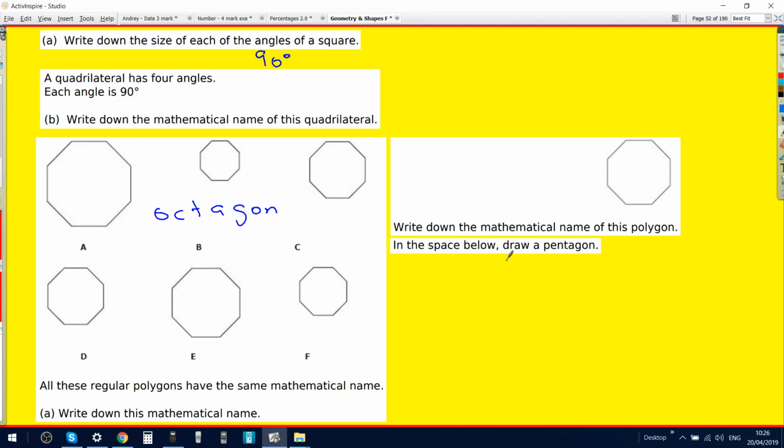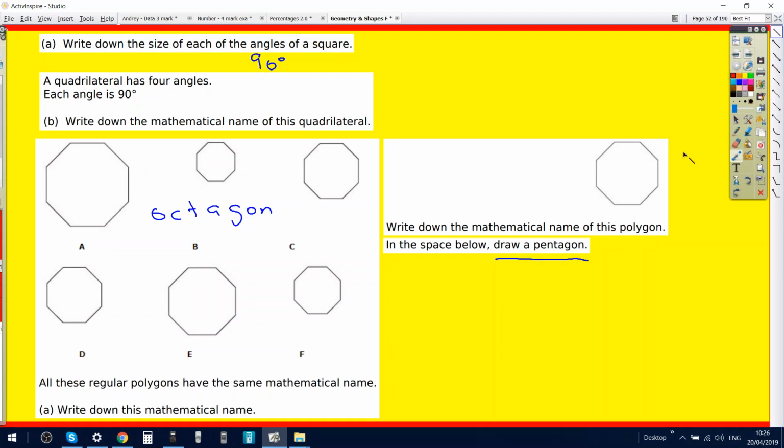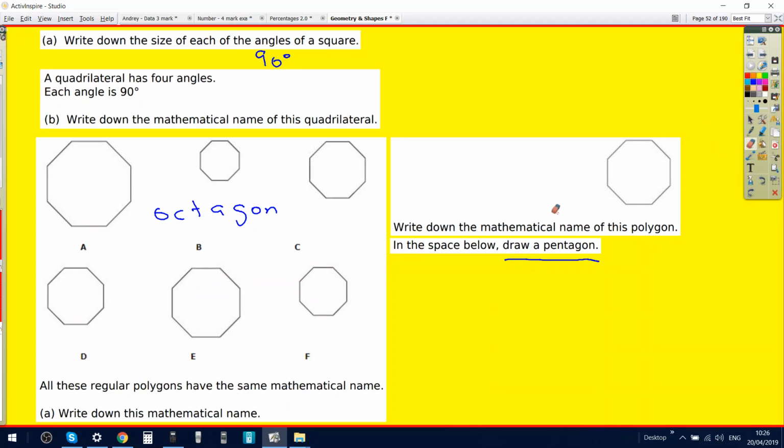In the space below, draw a pentagon. How do we do that? Isn't a pentagon 9 sides? No. How many sides is a pentagon? 5 sides, like a 50p.